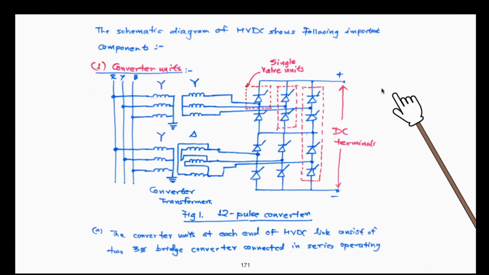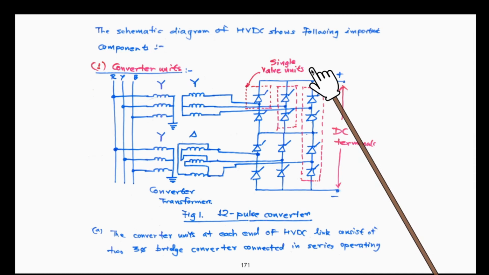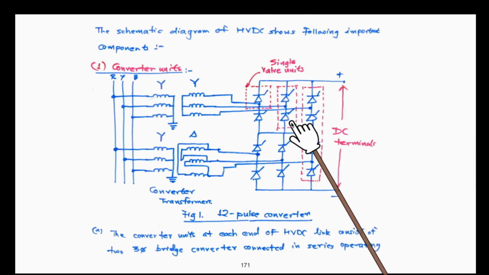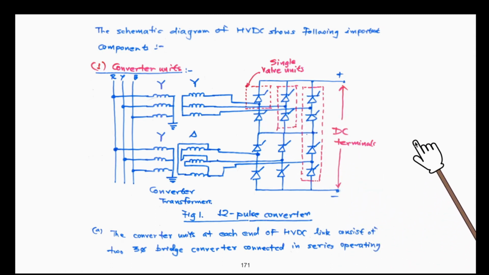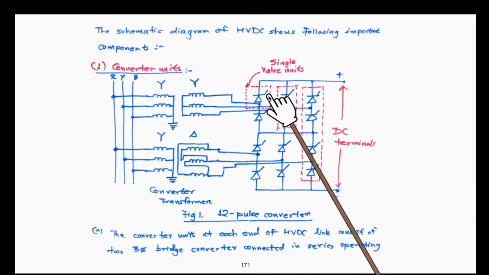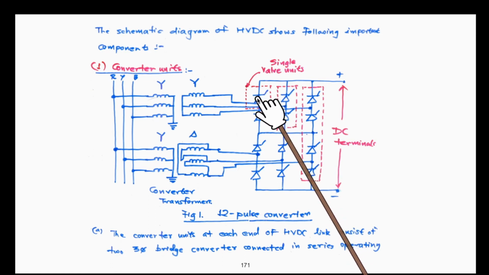They are generally available in the form of single wall units, double wall units. You can see here these are enclosures, single wall, double wall, or quadruple wall units. So these are actually several thyristors. You can say single wall. Single wall doesn't mean that there is a single thyristor.